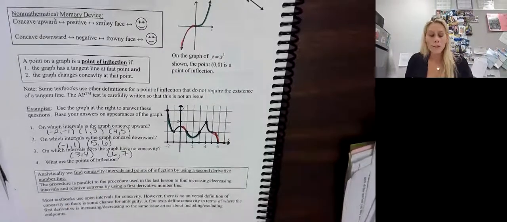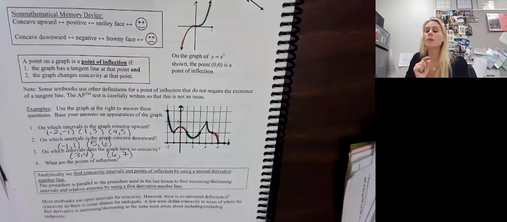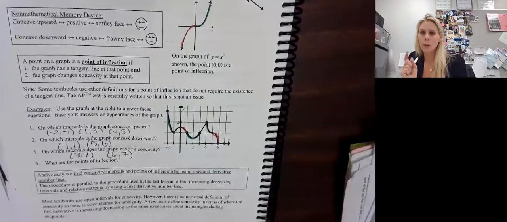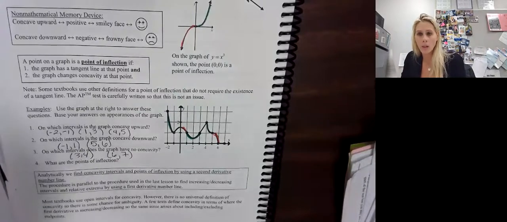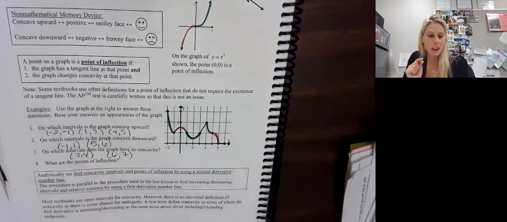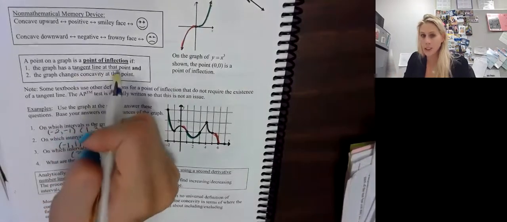What are the points of inflection? One thing I want you guys to notice right here is this point of inflection. So it's an x comma y value. And remember that the point of inflection is where it changes concavity and where it would have a tangent line at that point.